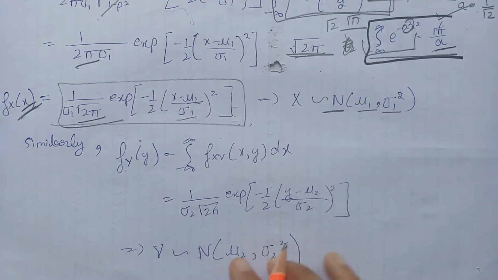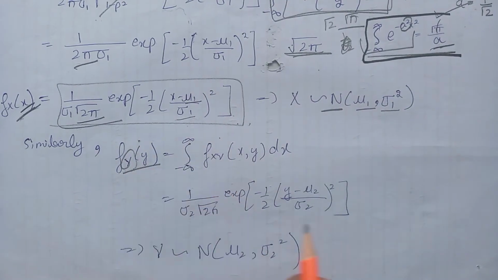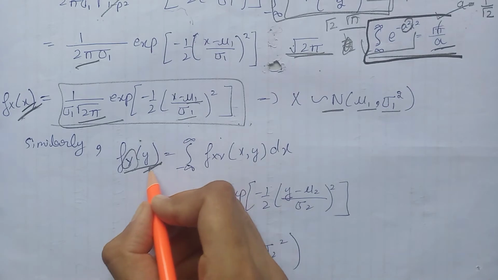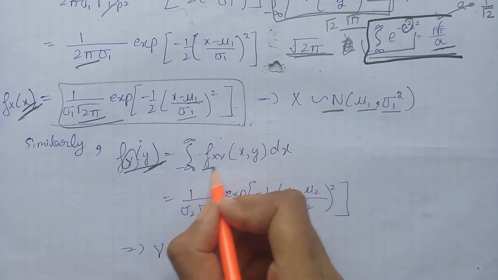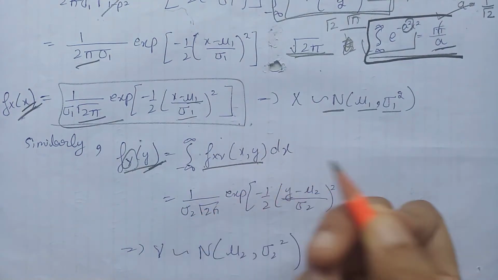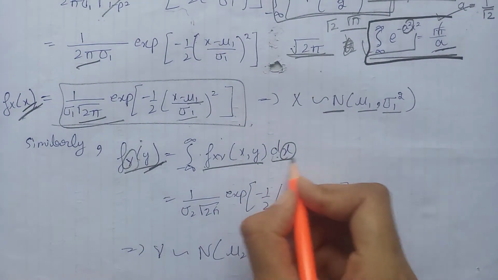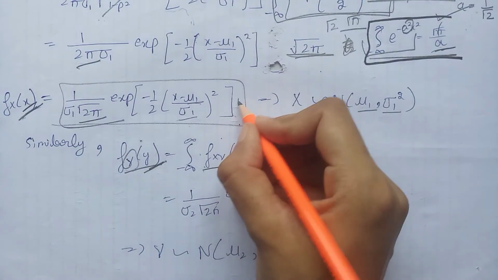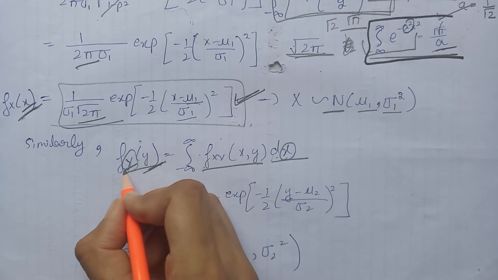In a similar way, we can calculate the marginal distribution of our y random variable, where the marginal PDF of y is equal to the integration of the joint PDF of x and y with respect to the opposite variable, that is dx. Now we can use this answer for calculating the marginal PDF of y.